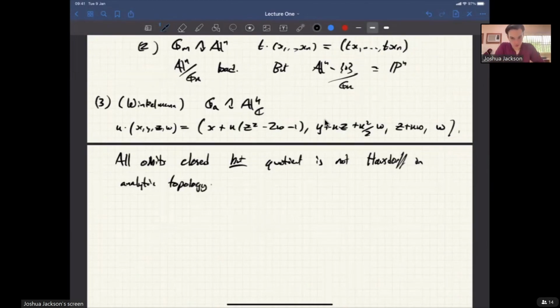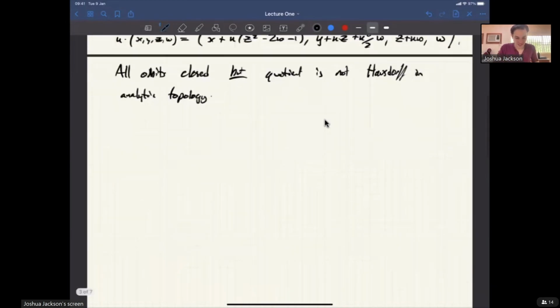So there are other examples that exhibit this behavior, but anyway, here's one of them. So the point of this is to say, well, it is not simply enough to make sure that all the orbits are closed. There's more subtlety going on here than just that. So some fairly pathological things can happen.